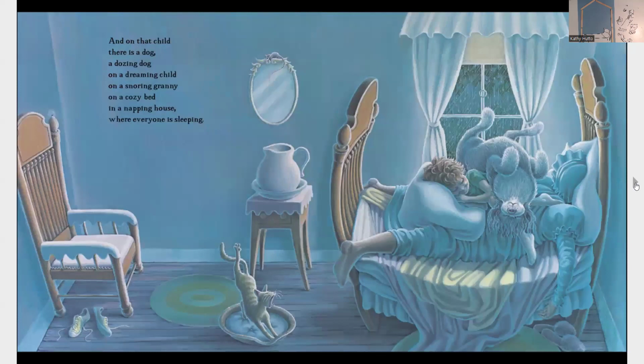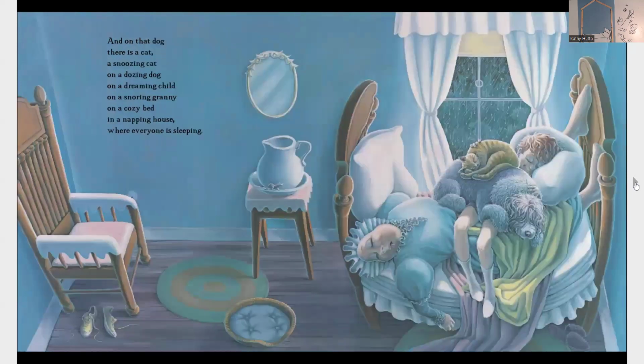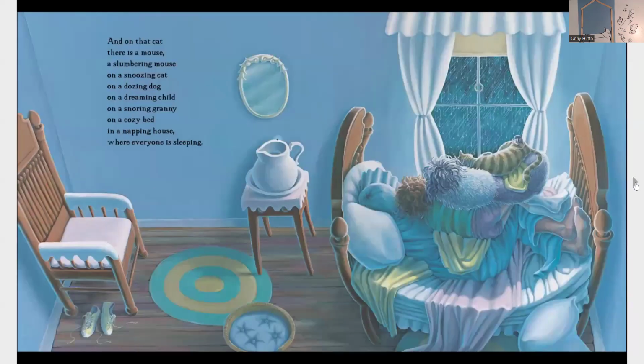And on that child, there is a dog, a dozing dog, on a dreaming child, on a snoring granny, on a cozy bed in a napping house where everyone is sleeping. And on that dog, there is a cat, a snoozing cat, on a dozing dog, on a dreaming child, on a snoring granny, on a cozy bed in a napping house where everyone is sleeping.